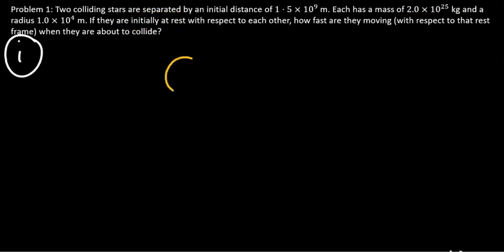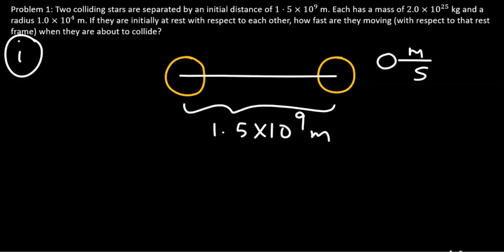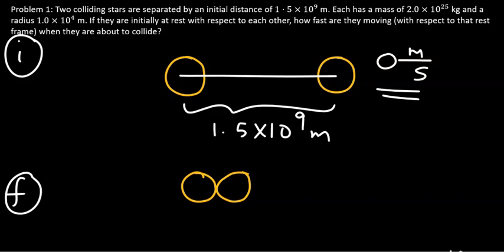So you have two stars separated by some distance, and let's call that distance that is given as 1.5 times 10 to the power 9 meters, and they are not moving. Now at the final state, these two stars are colliding, so the surfaces are touching each other.